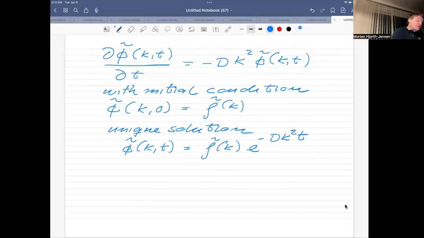Now, if we want the solution in coordinate space, then what we need to do is to perform a new integral, which is called the inverse Fourier transform. So phi of x of t is then given by the inverse Fourier transform.